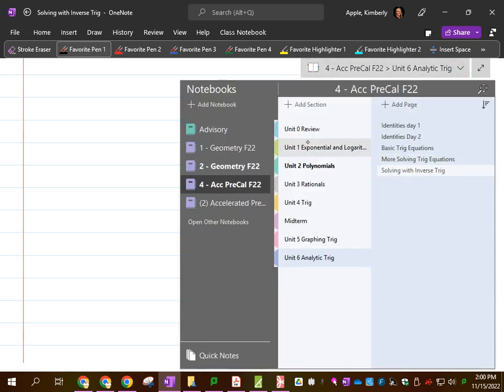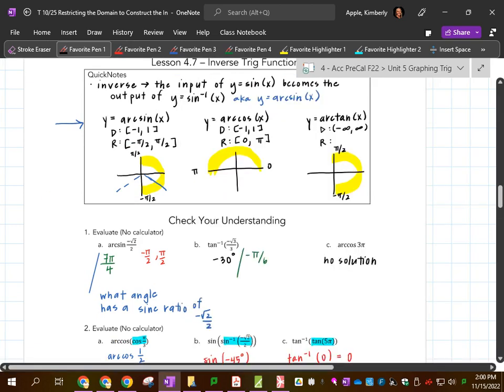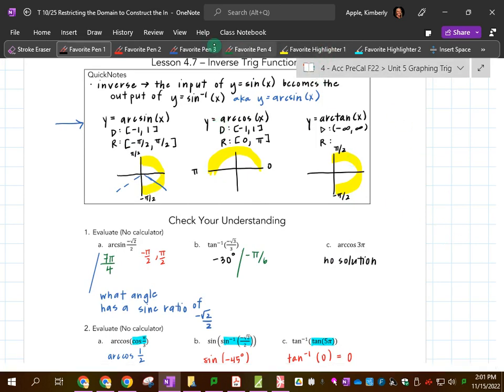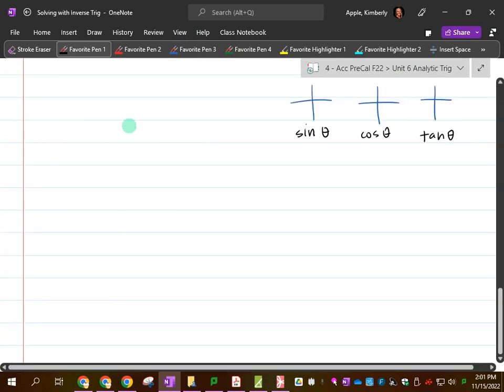So let's go back and look again. So this is where we're going to be getting our values. And let's go back here. Okay. So sine is symmetric like this. Cosine is symmetric like this. And tangent is symmetric like that.